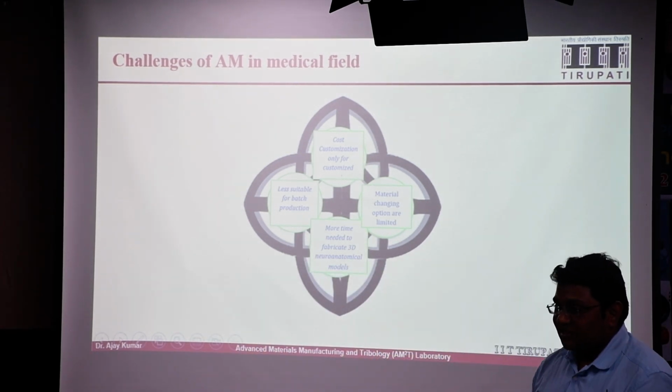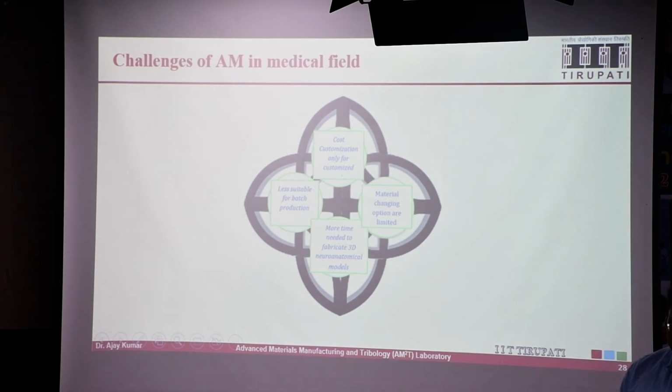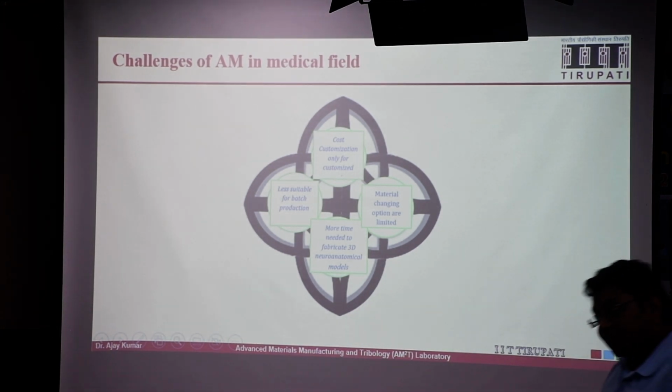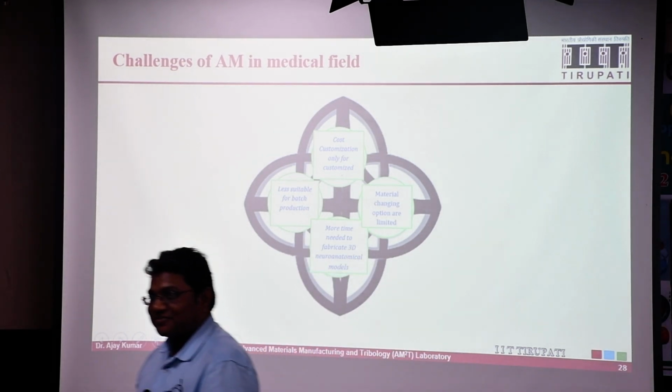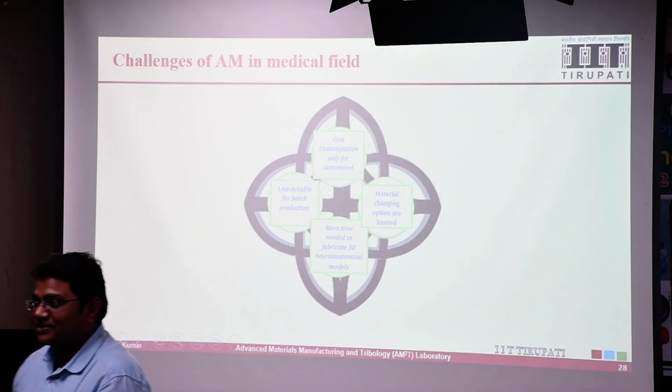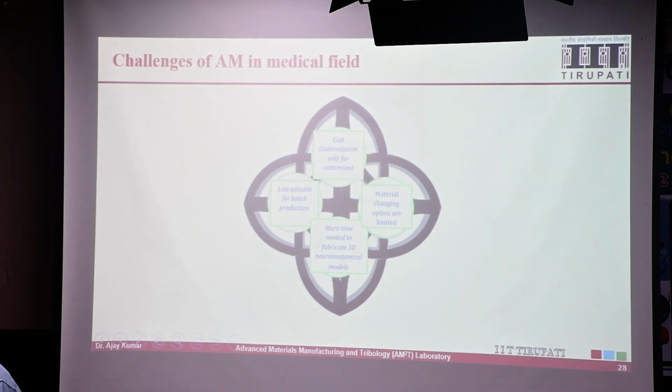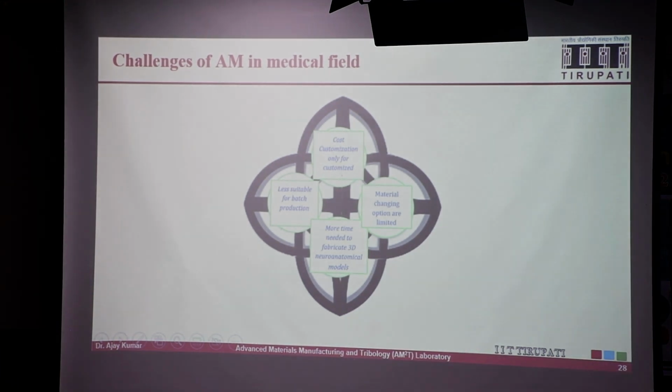But when you see the conventional manufacturing processes, because people have been working for a long time, they have now stabilized. Process parameters are optimized. If you go to Coimbatore, a lot of production industries are there, isn't it?